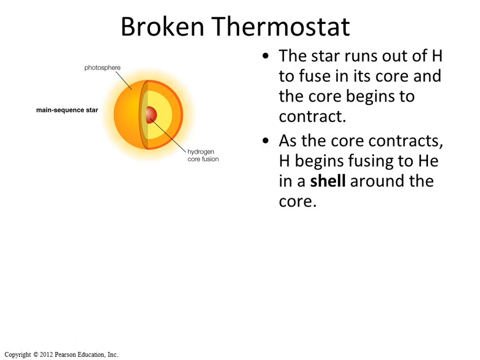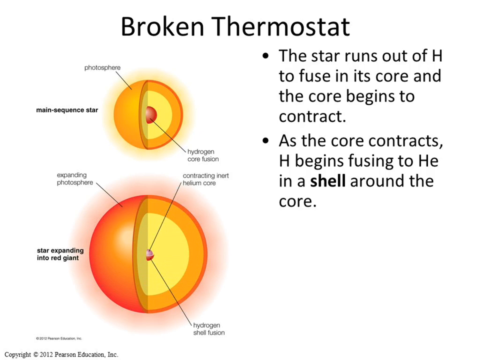When I say outer, I mean the energy from fusion going out from the core, it slows down. So the star starts to collapse on itself.